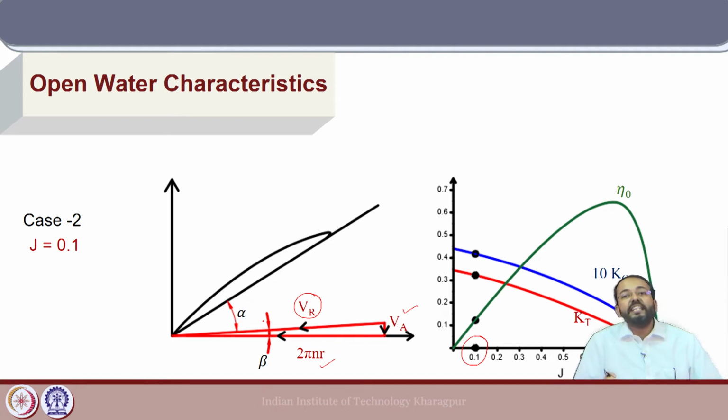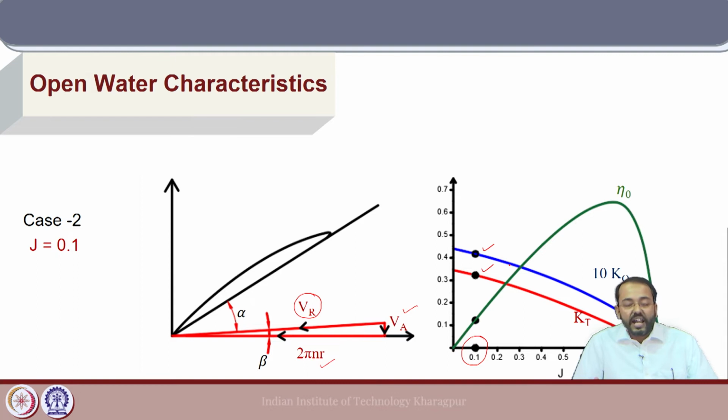Because of the decrease of alpha as compared to case 1, what will happen? The sectional lift will decrease, which will result in a small decrease of the thrust as well as torque, because we have seen that both thrust and torque of the sections are related to the sectional lifts. Drags also have a component. So, the lift and drag together will give the final sectional thrust and torque.